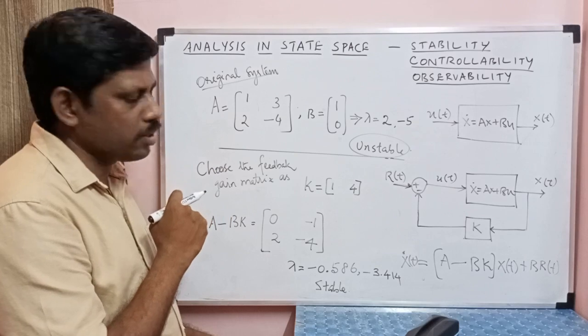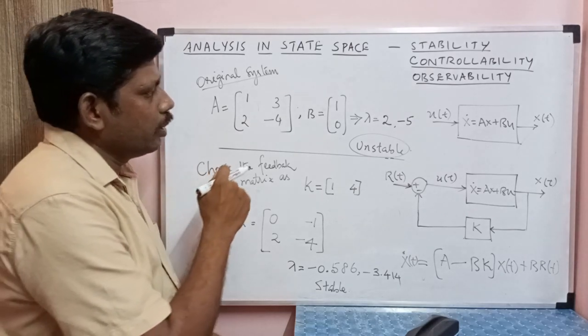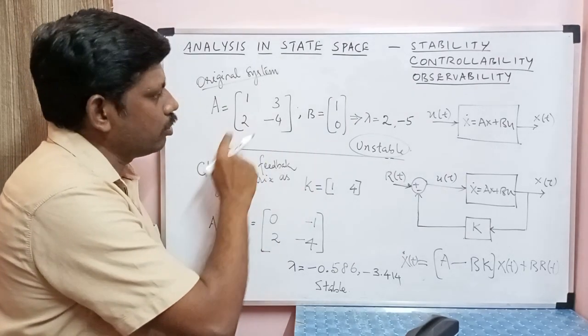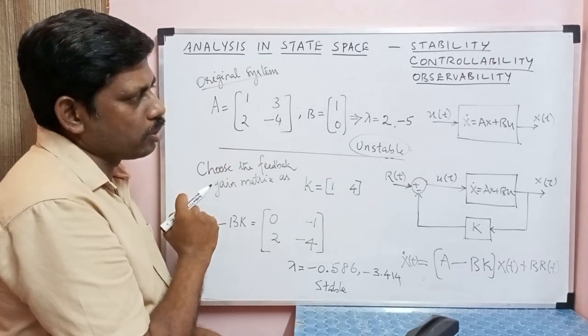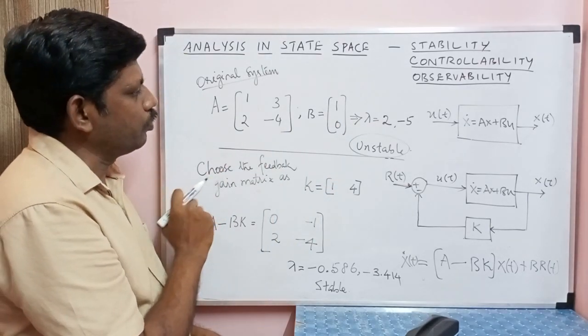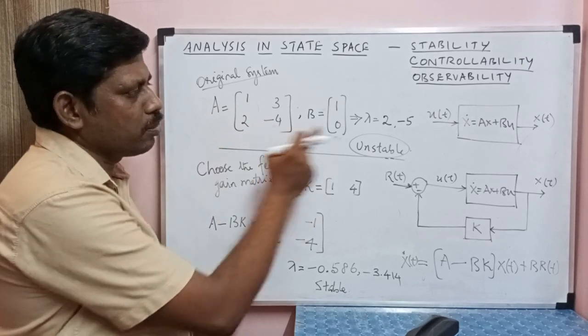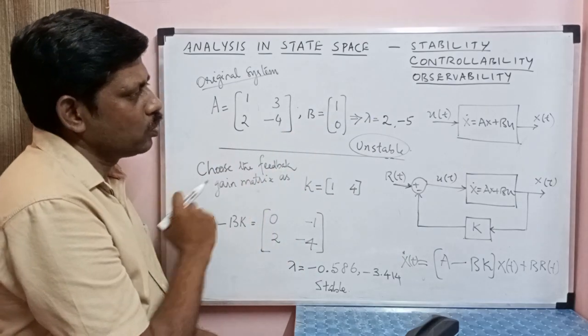This can be illustrated with the help of an example. Let us assume that A and B are the matrices associated with this model, x dot equal to Ax plus Bu. If I take the eigenvalues of this state matrix, I will get 2 and minus 5.